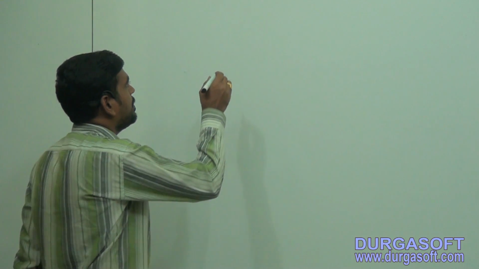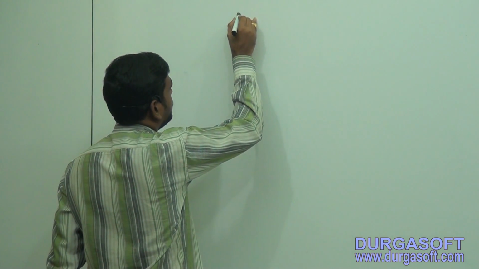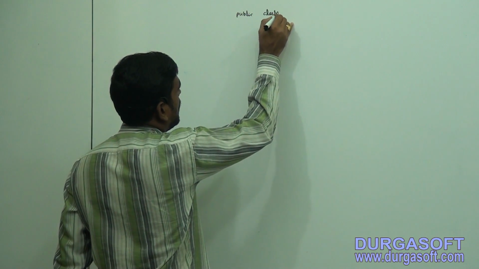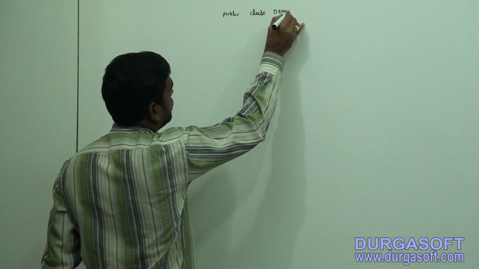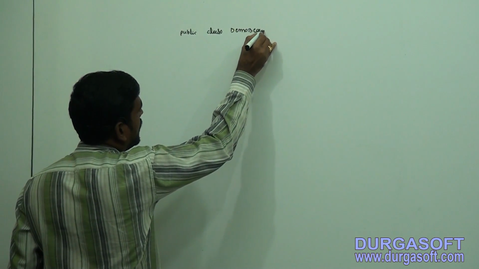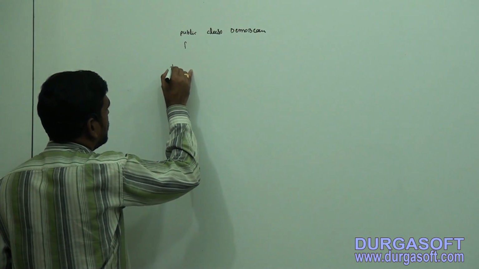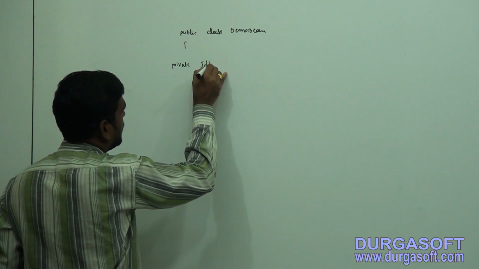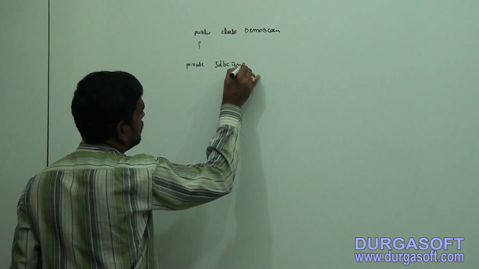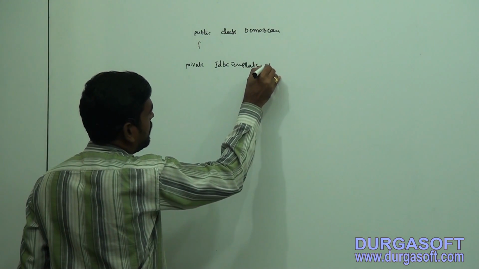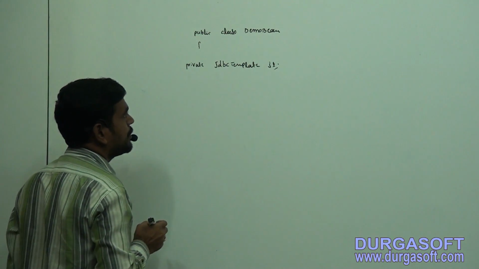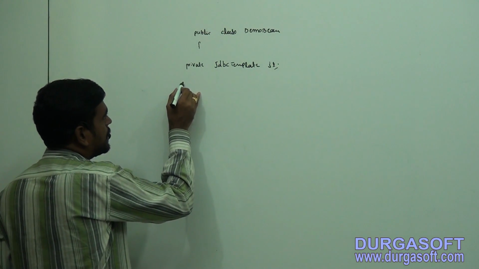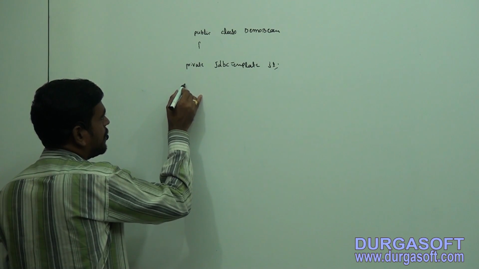See now here, I am taking like this: public class DemoBean. After that, private JdbcTemplate jt. After that, I am generating the setter injection or constructor injection, whatever it may be.